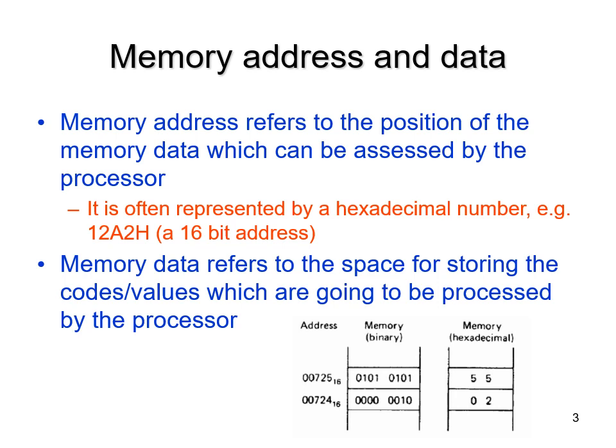Now let me first give you the idea about what is an address and what is data. Basically, in the diagram at the bottom you can see the relationship between the address and the data. The address means how we can find the memory.